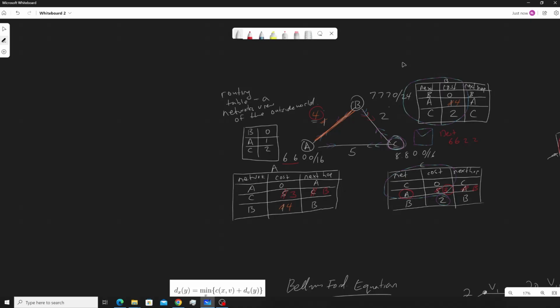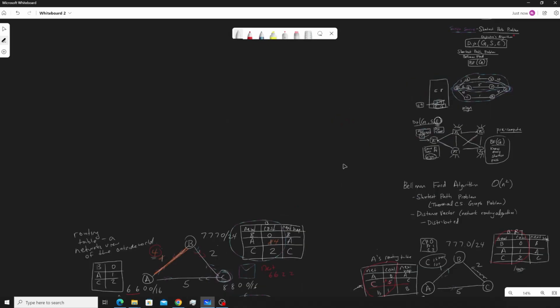I think that's good. So at this point, you should have a good understanding of how routers essentially make their decision of how to forward your message such that it gets to your final destination in the cheapest way possible, the lowest cost. In that, essentially what they're doing is, in the background, they are messaging each other.